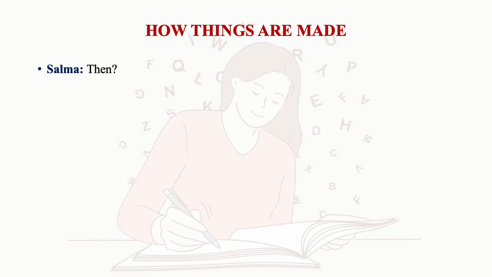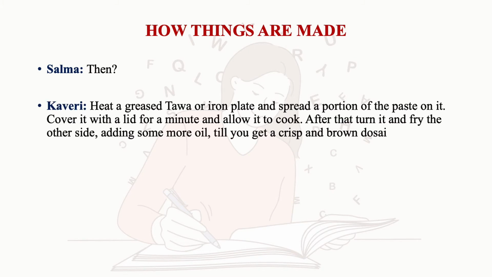Salma: Then? Kaveri: Heat a greased tawa or iron plate and spread a portion of the paste on it. Cover it with a lid for a minute and allow it to cook. After that, turn it and fry the other side, adding some more oil till you get a crisp and brown dosai.